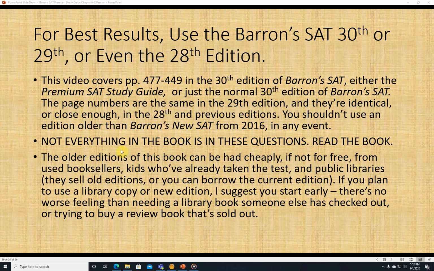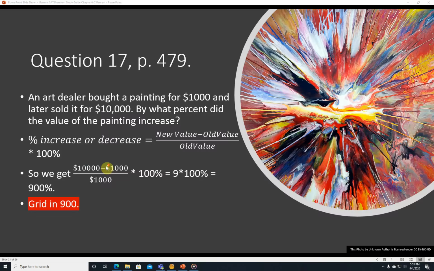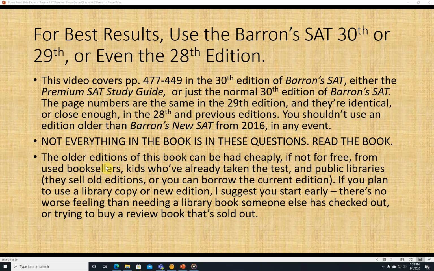For the best results, I do suggest you use the Barron's SAT 30th or 29th or even the 28th edition. As you should know by now, since we've gone through the whole thing, this video covers page 477 through 479 in the 30th edition of the Barron's SAT, either the premium SAT guide or just the normal 30th edition of Barron's SAT.